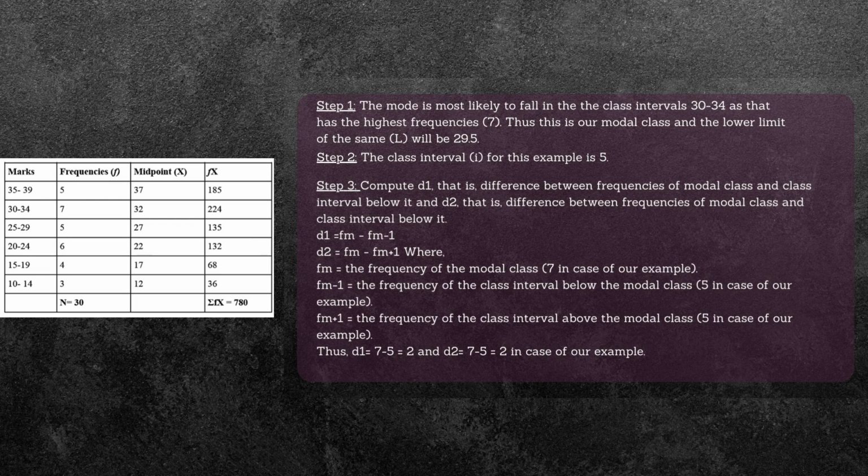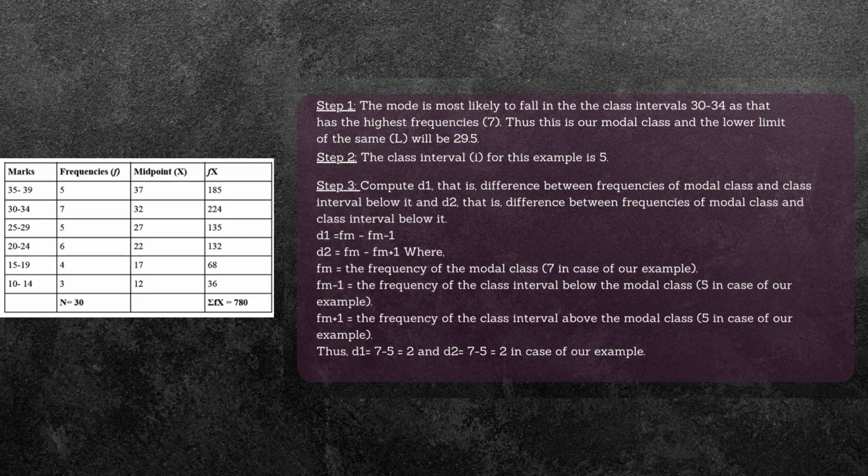D1 is 2 and D2 is also 2, because we have to subtract the frequency of the class above and the class below from the modal frequency, and in our example, below and above are both the same score, which is 5. So D1 is equal to 7 minus 5 and D2 is again 7 minus 5. So D1 and D2 are the same, which is 2.